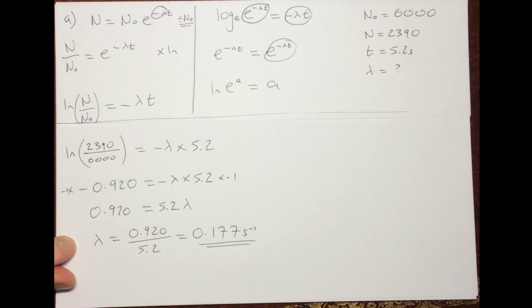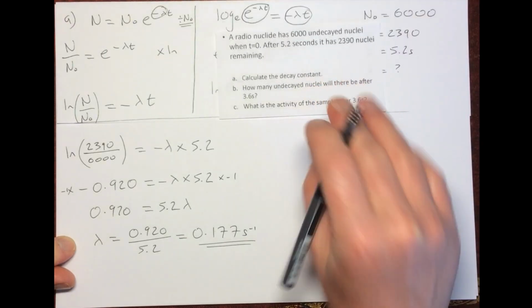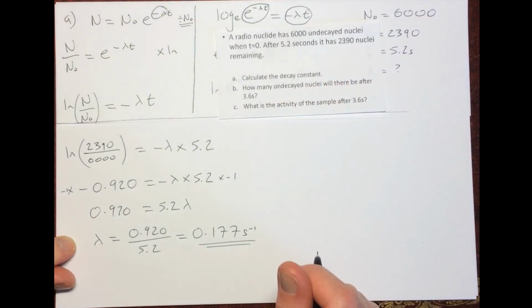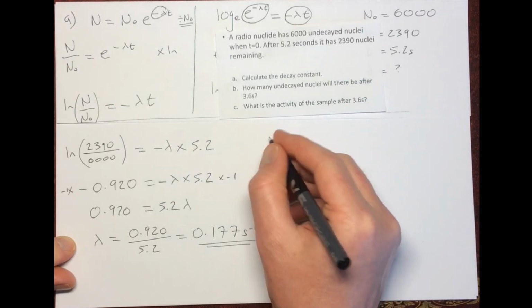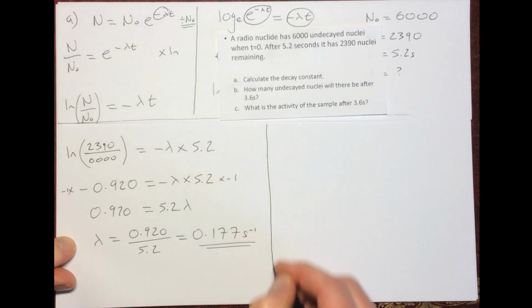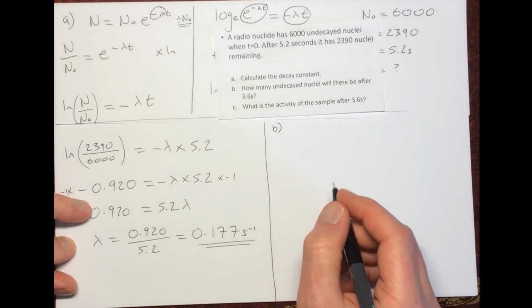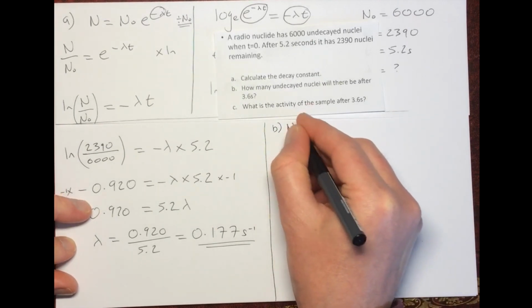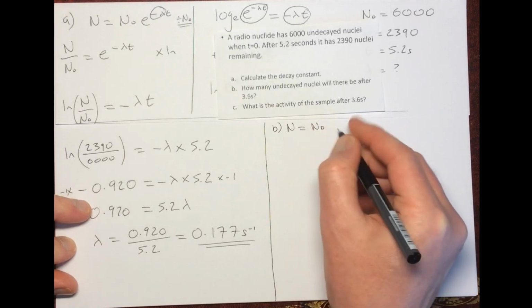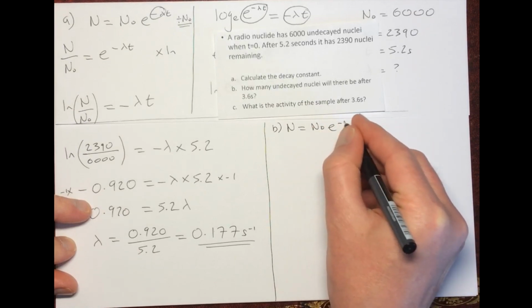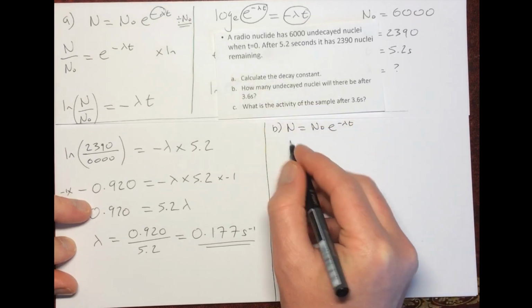All right, so that's the first part of the question done. Now the next part of this question says, how many undecayed nuclei will there be after 3.6 seconds? So let's just section that off. We're going to use this equation now, N equals n0 e to the minus lambda t, because we now know lambda.